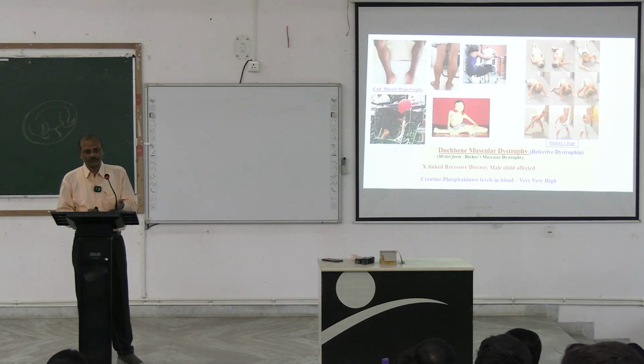They had one son and one daughter. I brought the father, mother and daughter, and this boy who suffered from Duchenne type muscular dystrophy. The CPK level, which is normally up to 200, was 16,000.